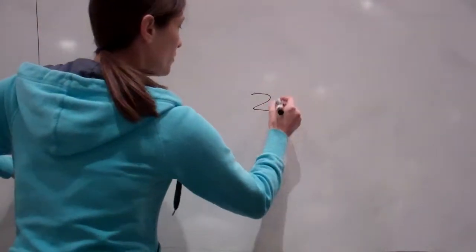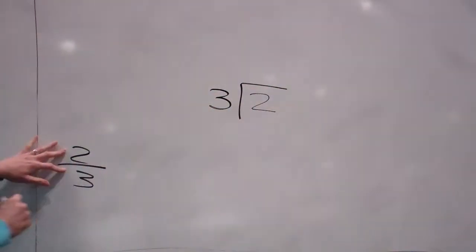No. Try it again. I think you might have done it the other way. 2 divided by 3. The 3 will be on the outside. Okay. Which one goes on the inside? 2. Very good. 2 divided by 3.